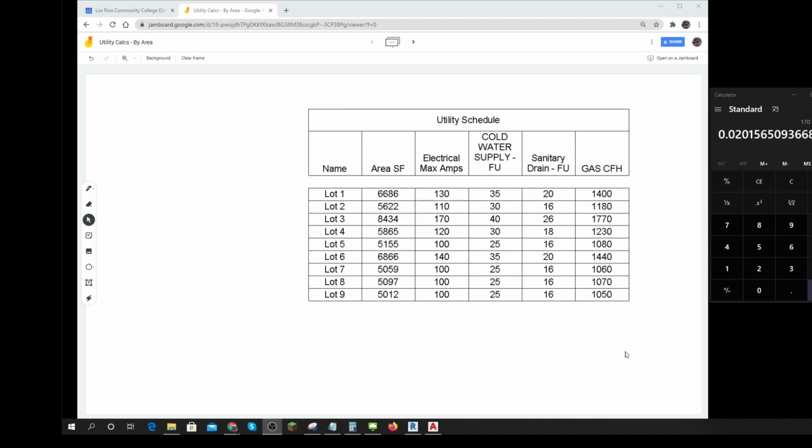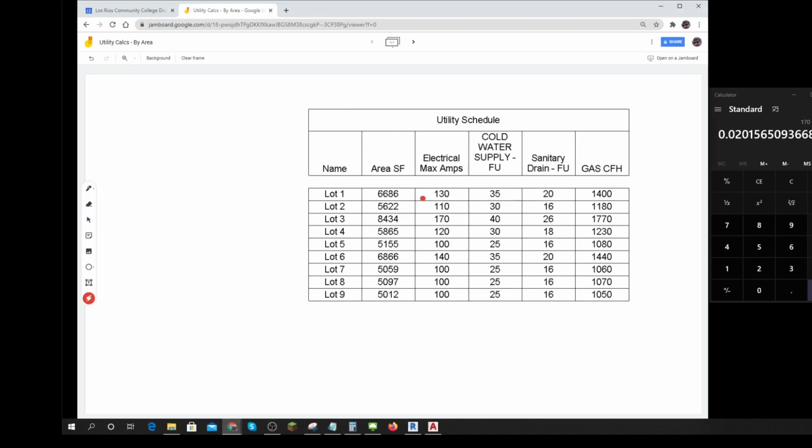And these are based on maximums of watts per square foot for lighting, watts per square foot for heating, watts per square foot for cooking. And so there are some basic calculation standards. But again, I don't have that sitting in front of me.